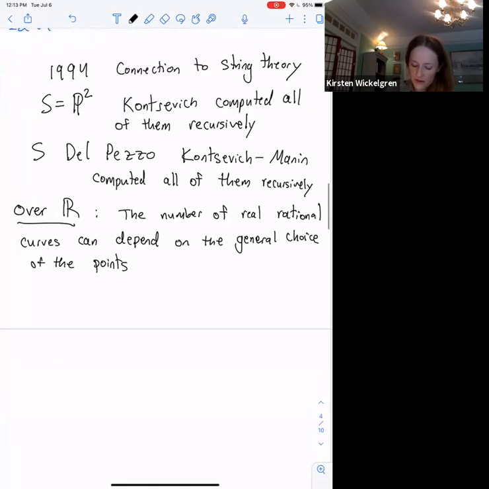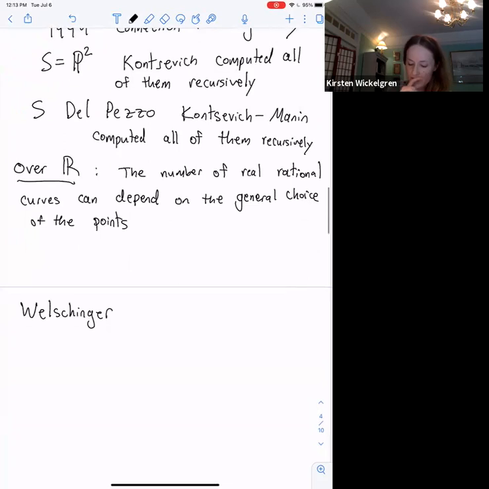But there's beautiful work of Welschinger to give an invariant count if the curves are counted with a sign. So he made invariance of number by counting curves together, either as a plus 1 or minus 1.